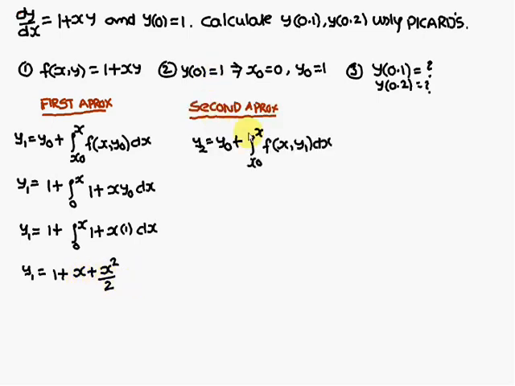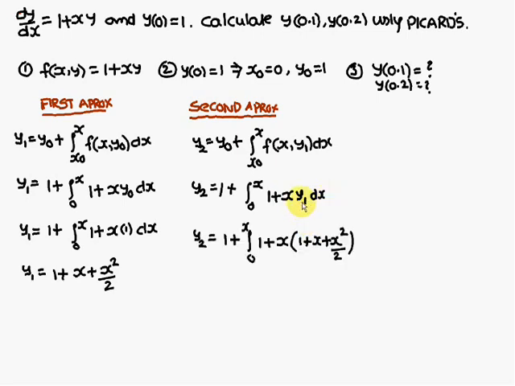Similarly, we go for the second approximation. y2 is y0 plus the integral from x0 to x of f(x, y1) dx. In the second approximation you come across y1. y0 is 1, x0 is 0, and we have 1 plus x y1 dx, where y1 is 1 plus x plus x square by 2. Therefore y2 is 1 plus the integral from 0 to x of 1 plus x into y1.